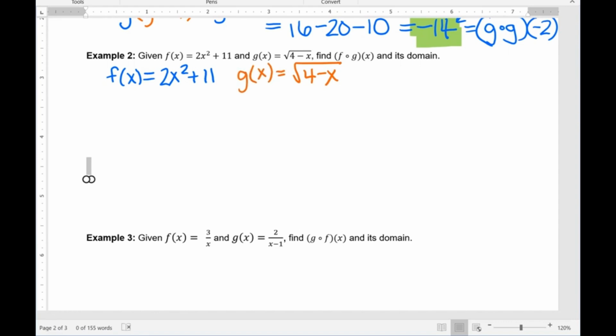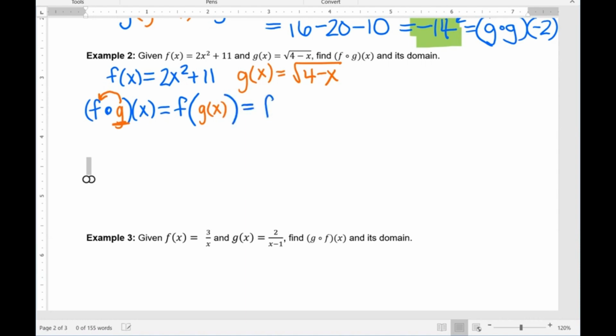So when we are asked to find f composed with g of x, that means that I am going to take my g function and plug it into f. The other notation you may see is f of g of x. Okay.